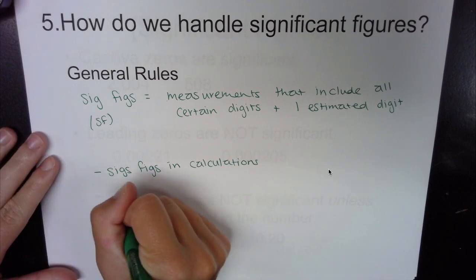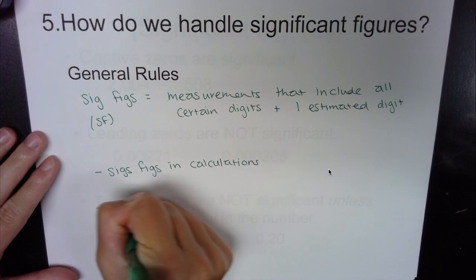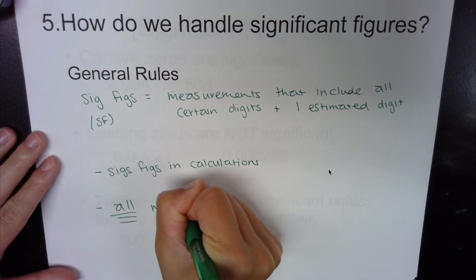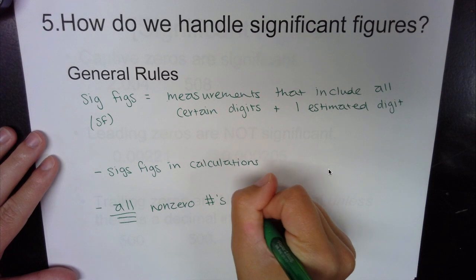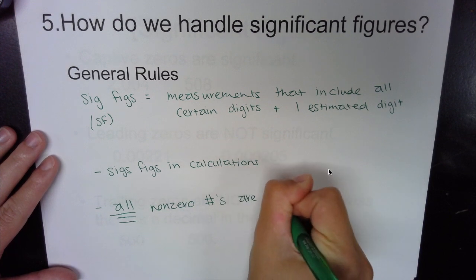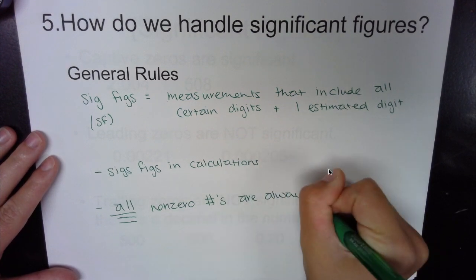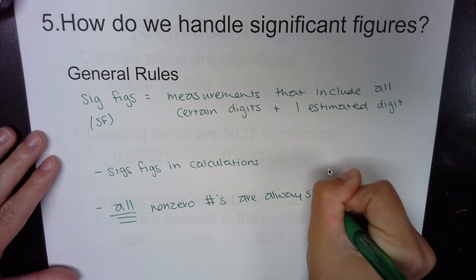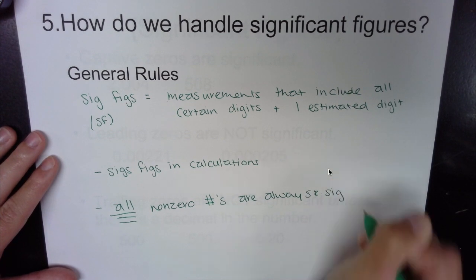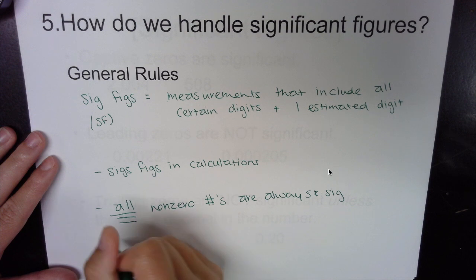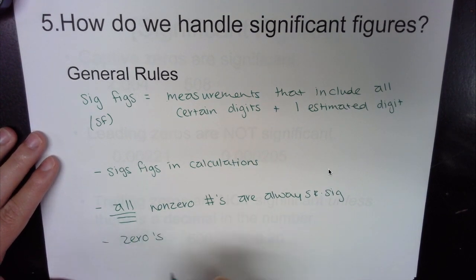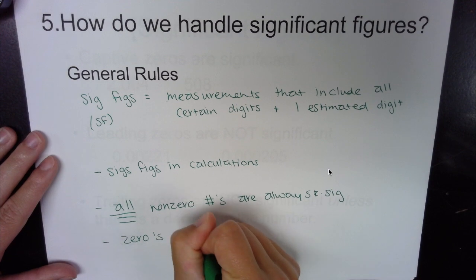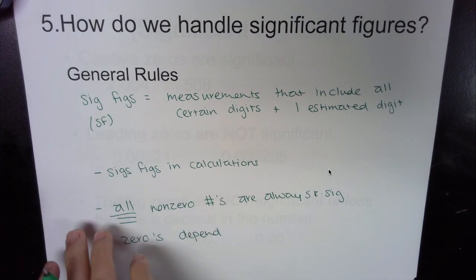Okay. All non-zero numbers are significant, always. Always significant. Zeros have some rules, which we'll talk about in the next slide.